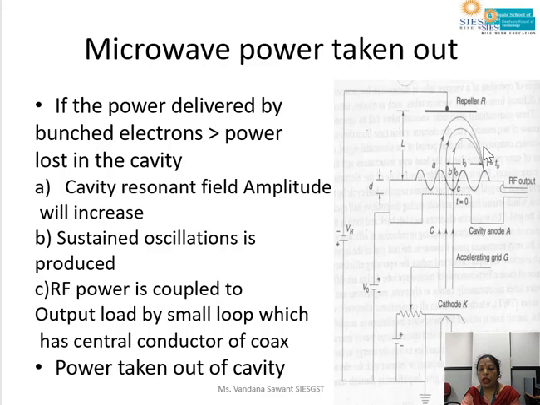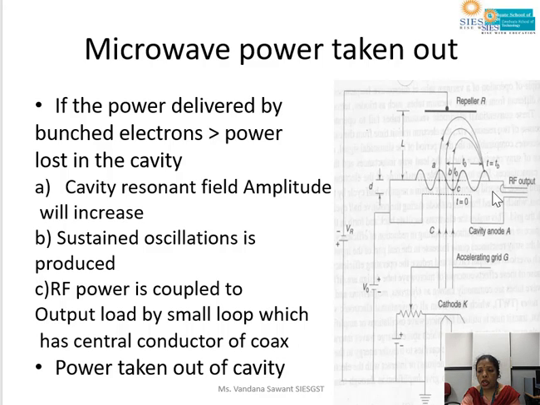This bunching of electrons is called density modulation, and these bunches are caught by the 3/4 of the next cycle of the AC signal. This catching position can be achieved by adjusting the repeller voltage as well as the repeller space, so that we can extract the maximum power from this bunch of electrons. So the power given by the bunch of electrons will be caught by the AC signal.